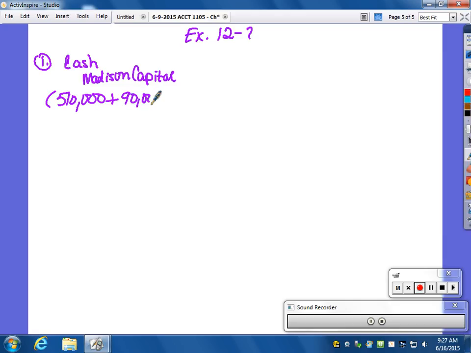So 90,000 needs to be multiplied by the 15% to give us how much for this journal entry? 13,500. What's 13,500? The 90,000 plus the 510,000, the entire equity. Mhm.